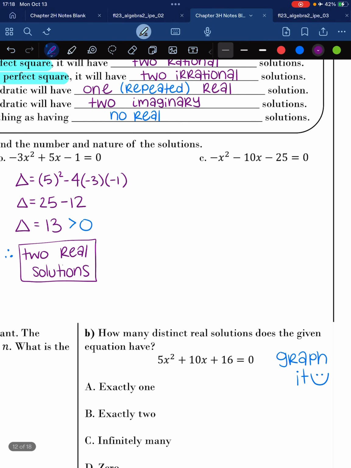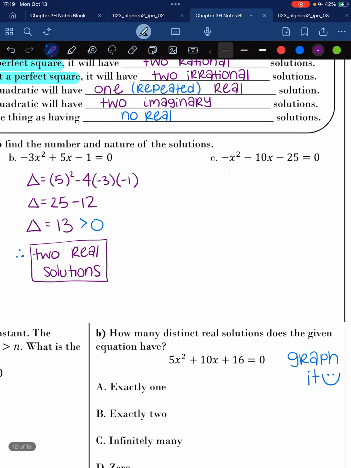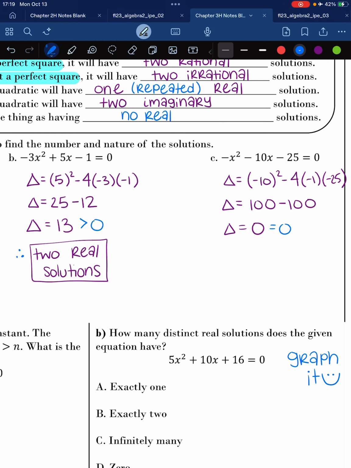Alrighty. And let's look at this last example. x equals negative b plus or minus the square root of b squared minus 4ac. So many negatives in this one. So the discriminant equals 100 minus 100, which is 0, which I don't really have to say equals 0, but it does.